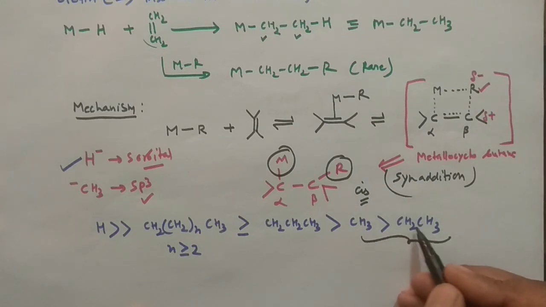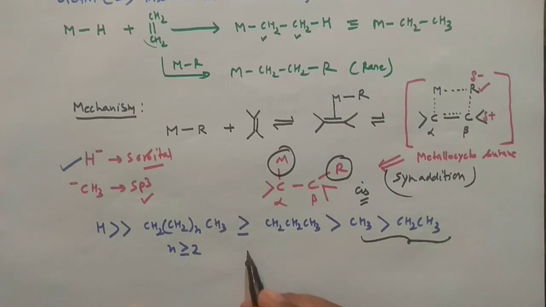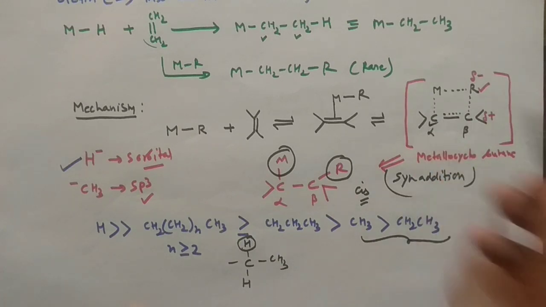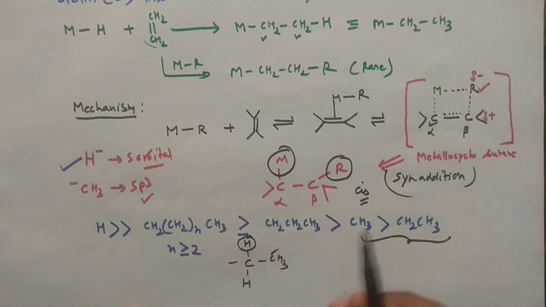If I take these two hydrogens and the CH3 carbanion, this hydrogen will take part in the agostic interaction with the metal, as well as with the carbon. So it will form a 3-centered 2-electron bond.